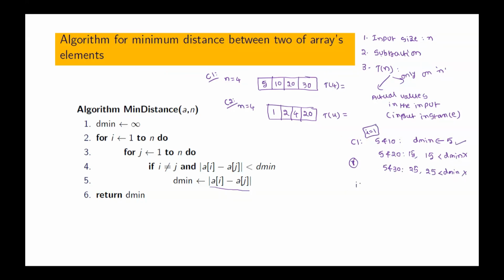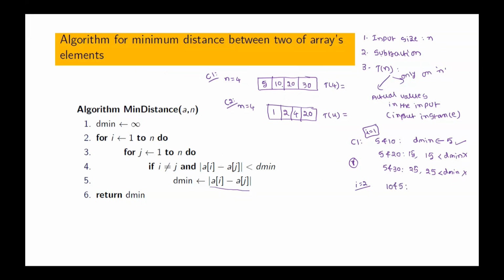Next, when I equals 2, again it compares the first one with 5, first 10 and 5. So it compares 10 and 5.